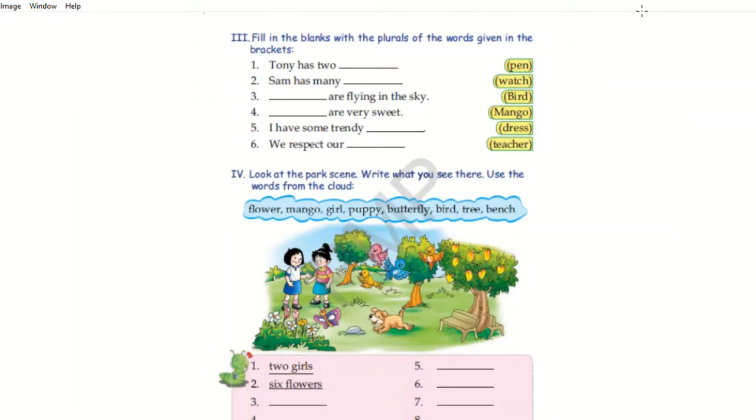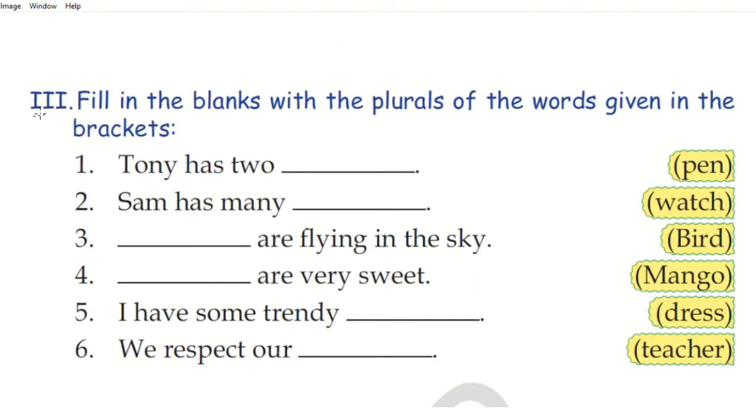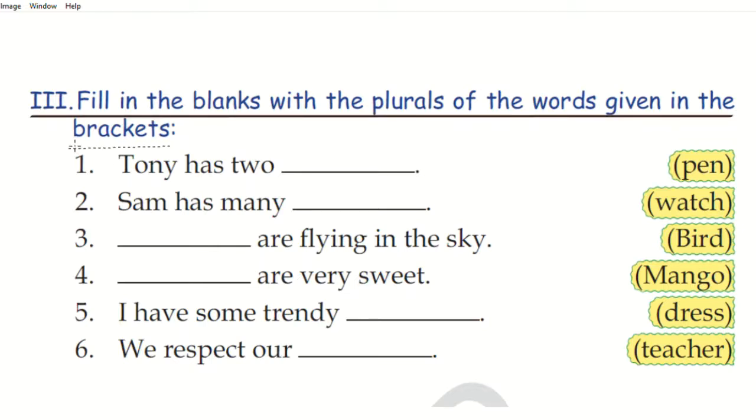Now children, look at the next page for question number 3 and 4. Question number 3. Fill in the blanks with the plurals of the words given in the brackets.